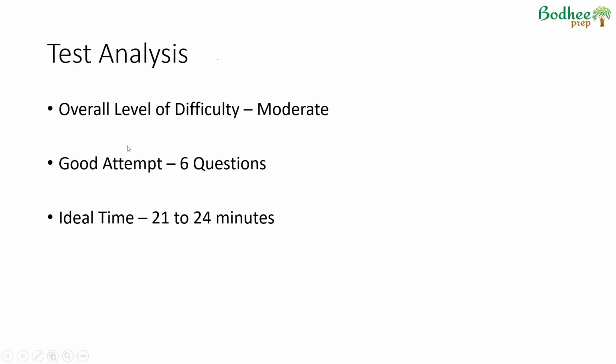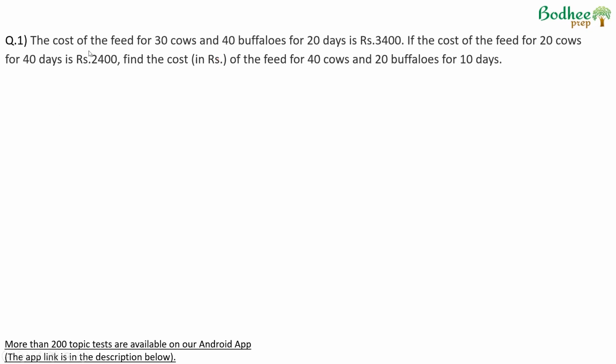Now, if you look at the questions here, the cost of the feed for 30 cows and 40 buffaloes for 20 days is 3,400 rupees. The cost of feed for 20 cows for 40 days is 2,400.